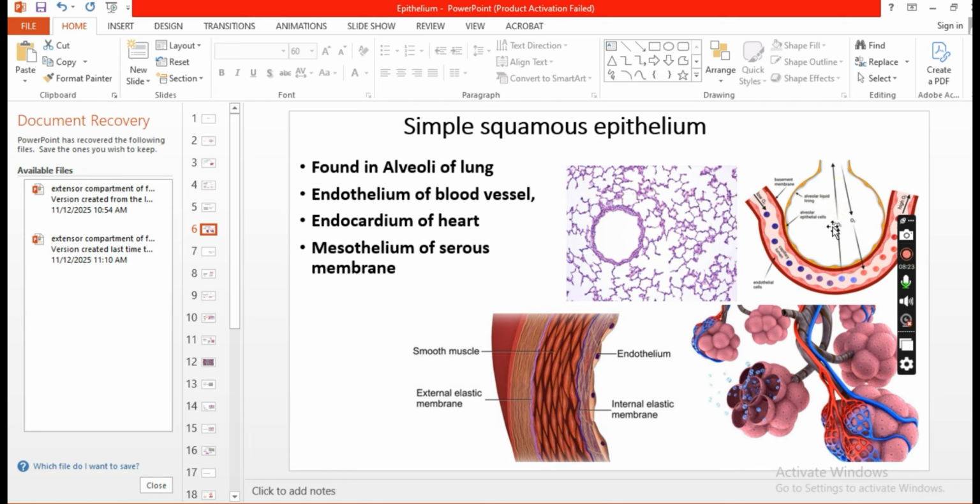The carbon dioxide will be taken into the alveolus and oxygen will be given to the blood in the capillaries. This is called gaseous exchange. In order for this to happen in an efficient manner, the barrier between the capillary and the alveolus needs to be minimum, isn't it? So this thin squamous cell epithelium is the apt one here.